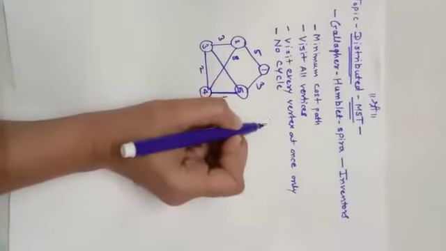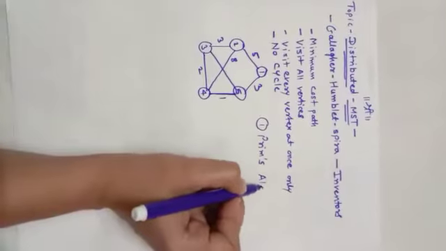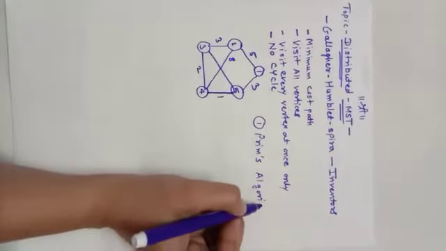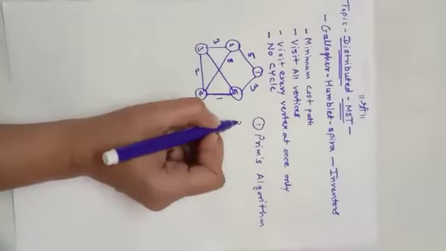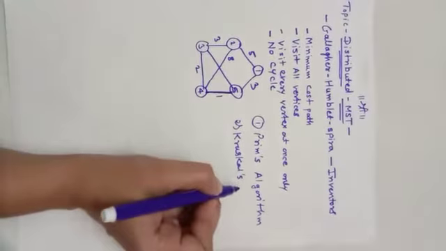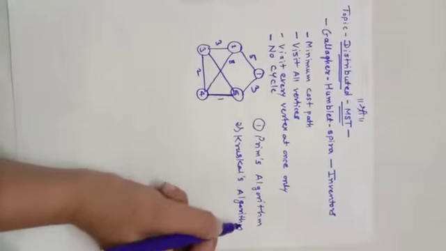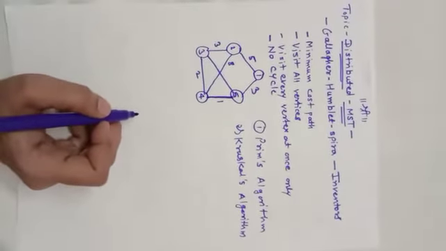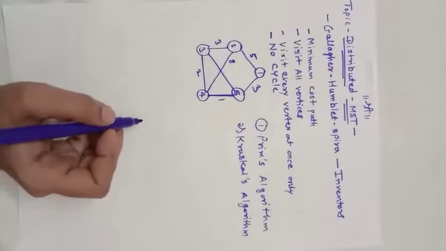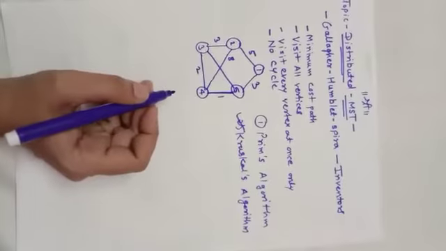One is Prim's algorithm and the second is Kruskal's algorithm. In this case, distributed MST will follow the second one, that is Kruskal's algorithm.